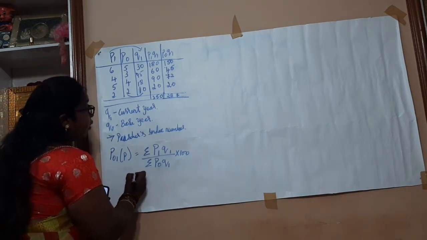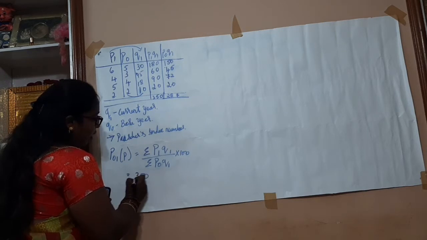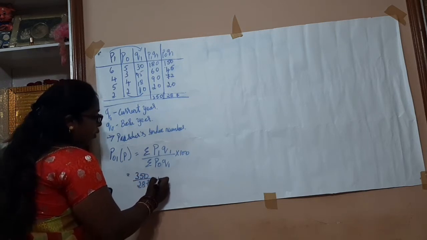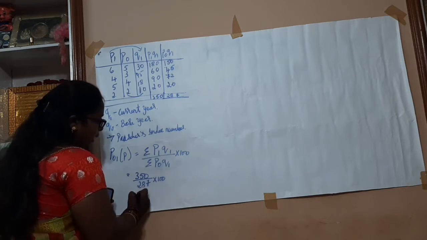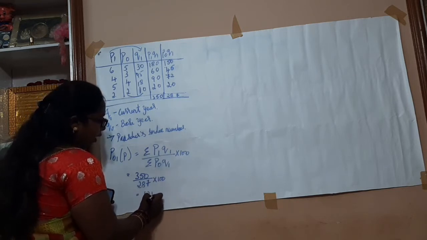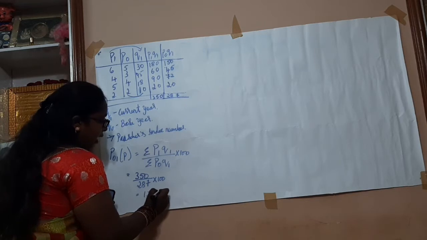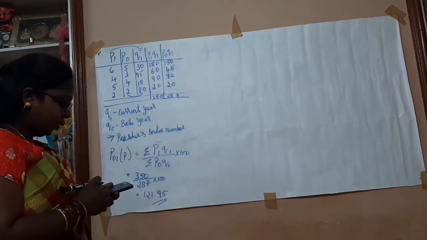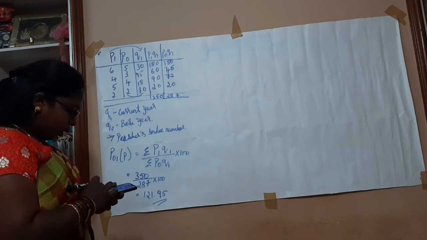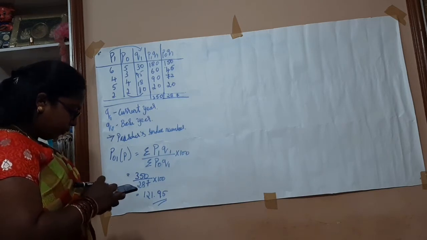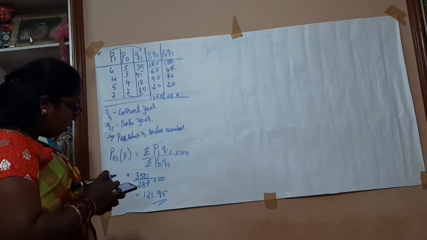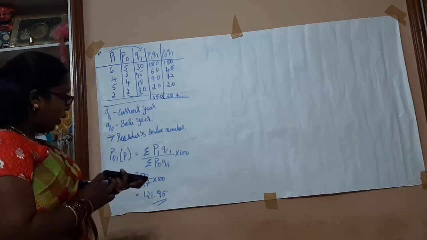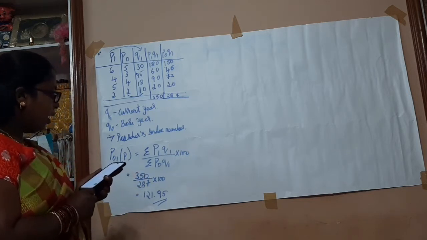Substitute here, you will get 350 divided by 287 into 100, that is 121.95. Keep it to 2 decimal places only.